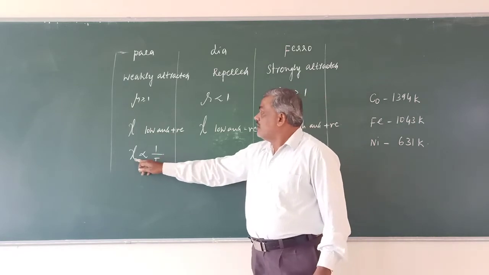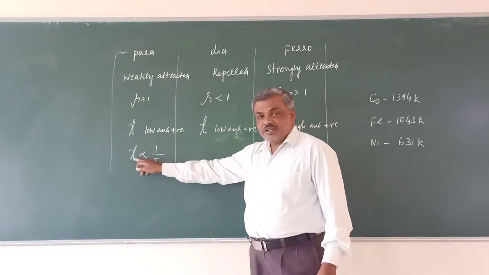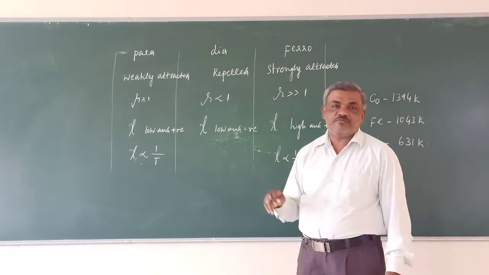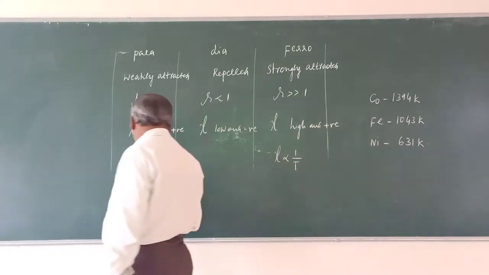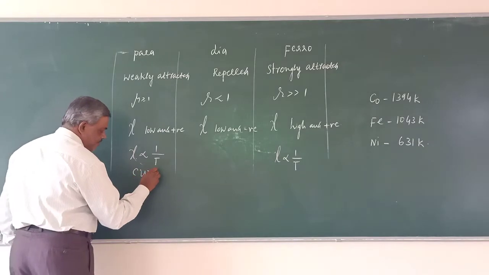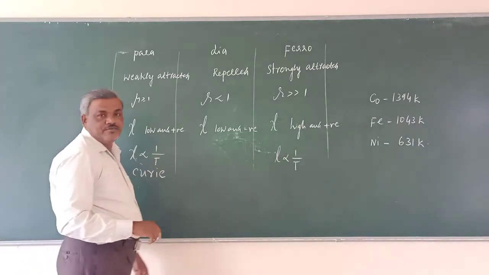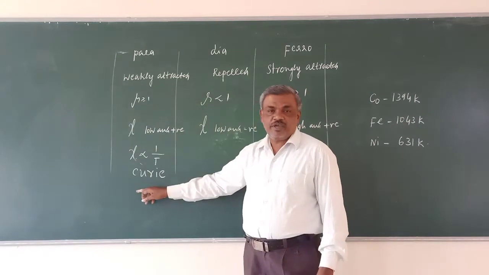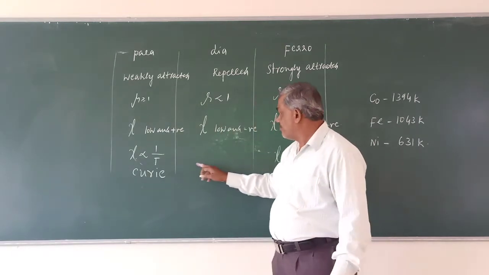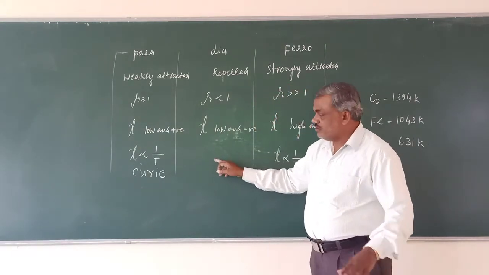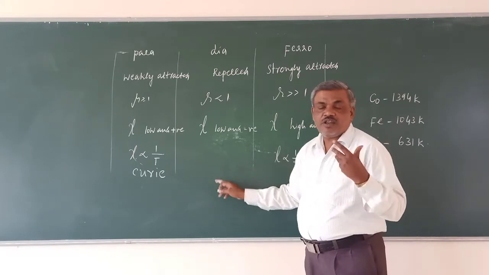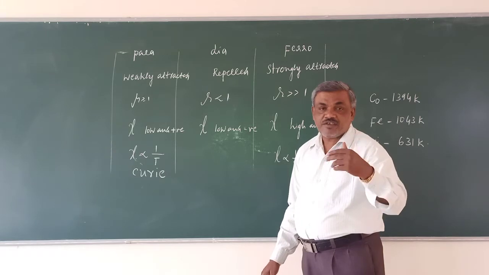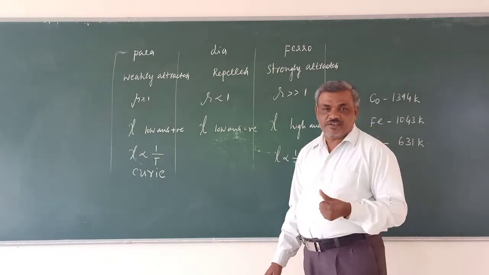Next point: the susceptibility of a paramagnetic substance is inversely proportional to absolute temperature. This is called Curie law. So paramagnetic materials obey Curie law. Diamagnetic materials do not obey Curie law, because diamagnetic susceptibility does not depend upon the temperature.